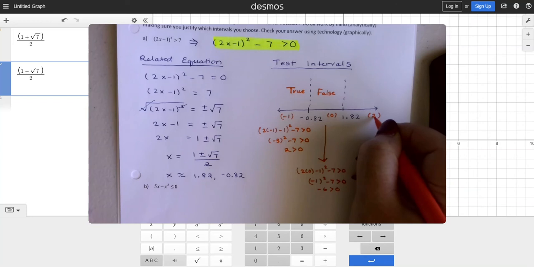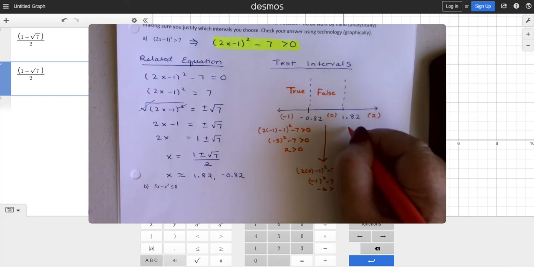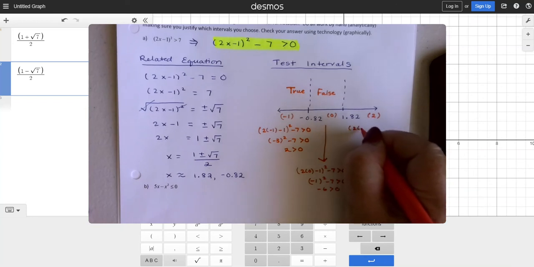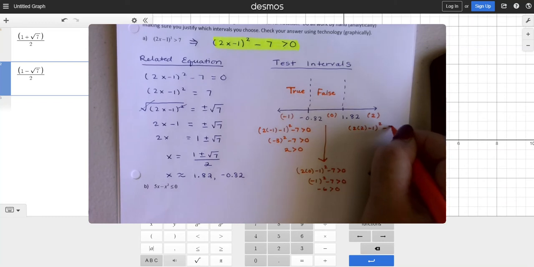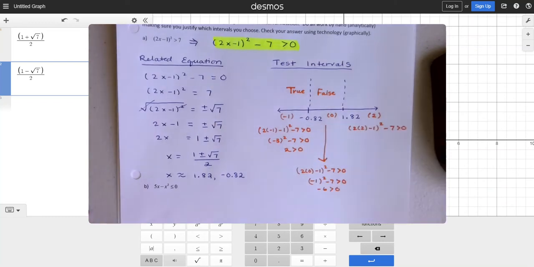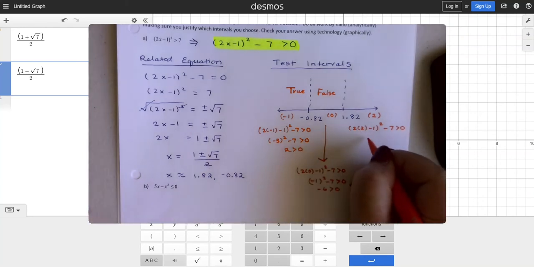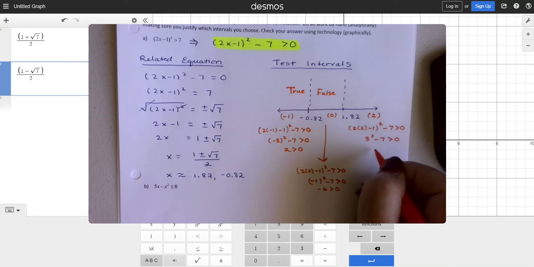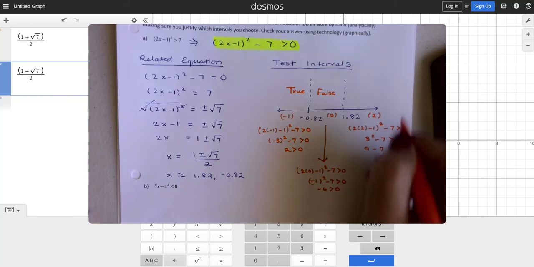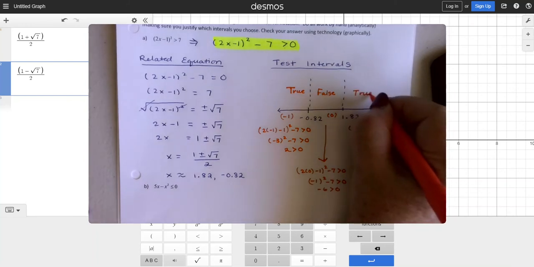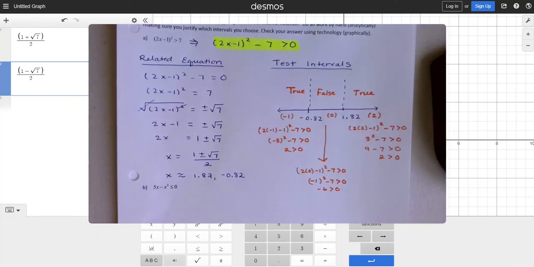We're going to test one more. We're going to test the 2. 2 times 2 minus 1, squared, minus 7, and I would like that to be greater than 0. That's 4 minus 1, or 3 squared, minus 7. And indeed, 9 minus 7 is greater than 0. So the inequality is true in that part of the number line.